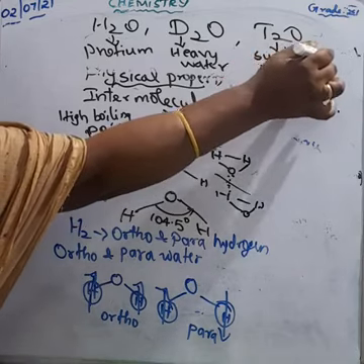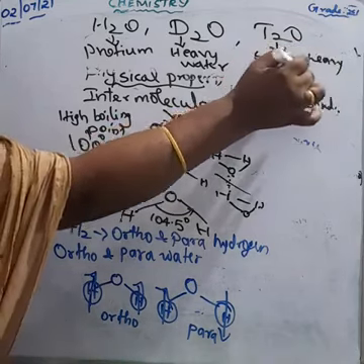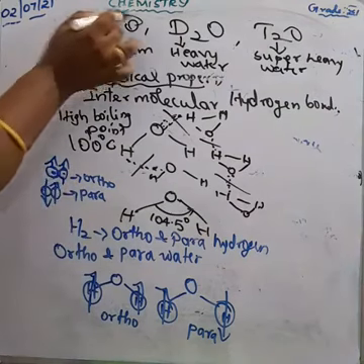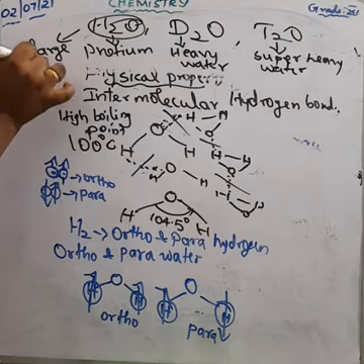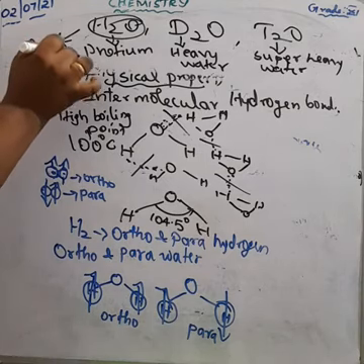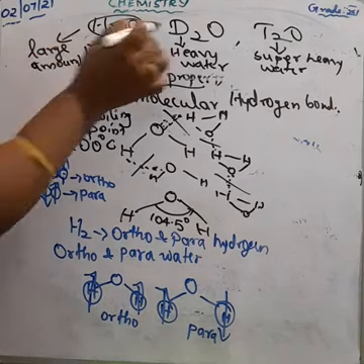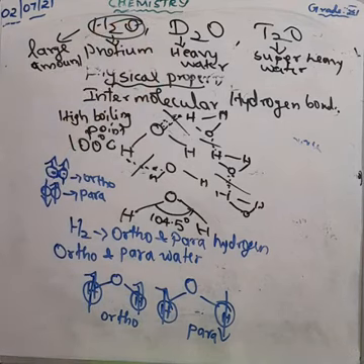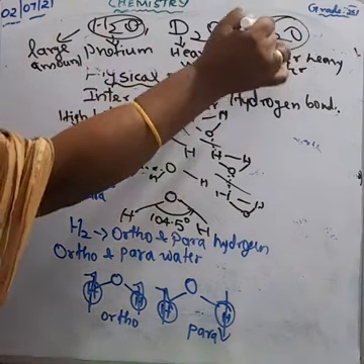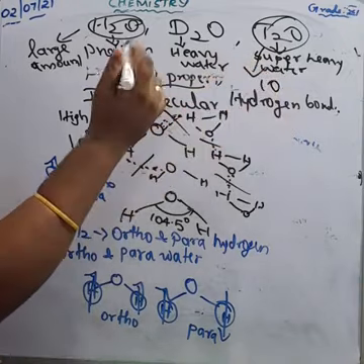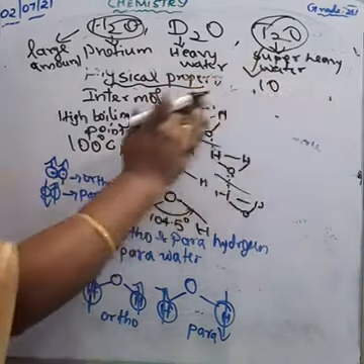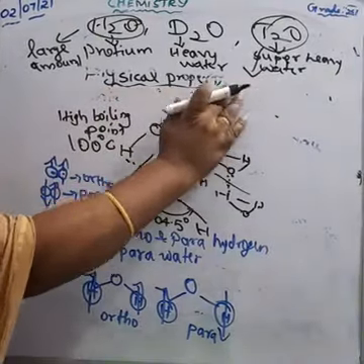In our Earth's atmosphere, a large amount of water is ordinary water, that means protium water. Deuterium water is present in a small amount. But tritium water is super heavy water, very heavy. Only a trace amount of tritium water is present in the Earth's atmosphere.